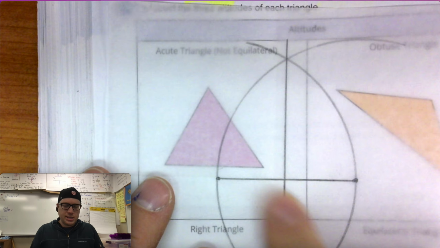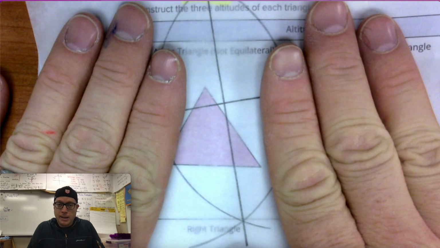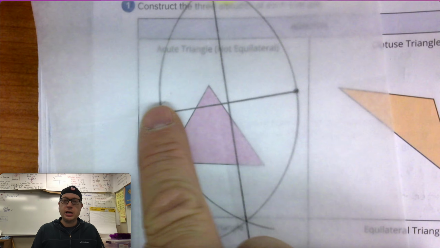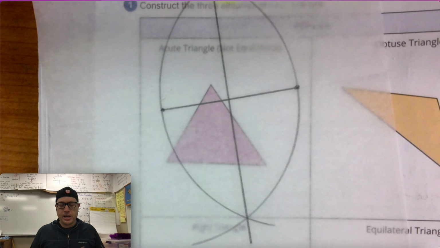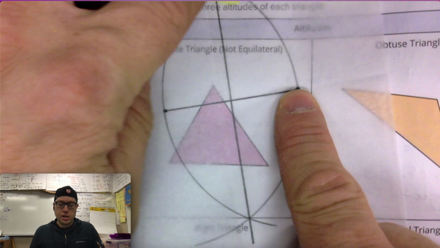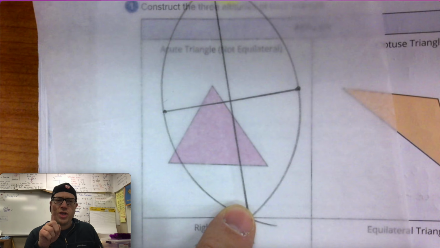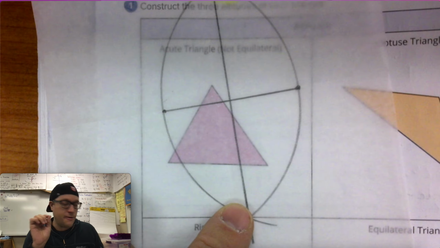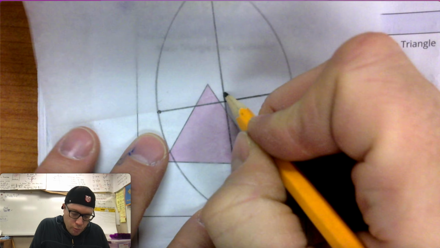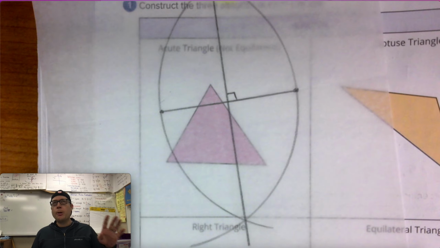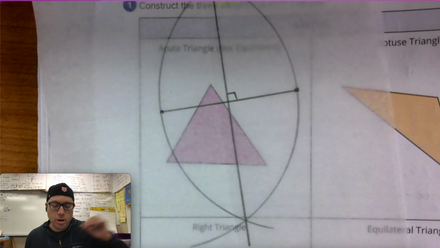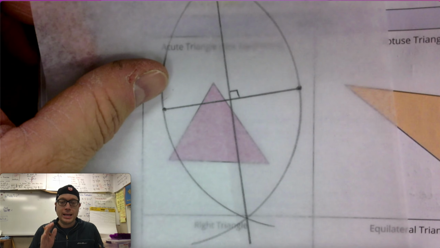Here's the device that I'm going to use. I created a piece of patty paper that has a perpendicular line segment. In fact, because of the way I created it, this is actually the perpendicular bisector, but all that I really care about is the fact that there's a right angle. I don't need the perpendicular bisector part of it, but I need the perpendicular line.